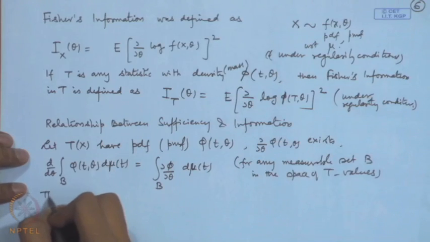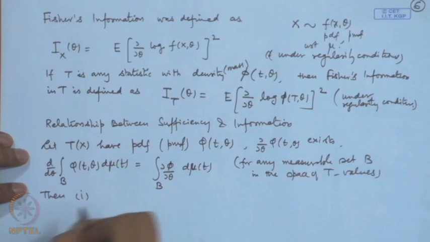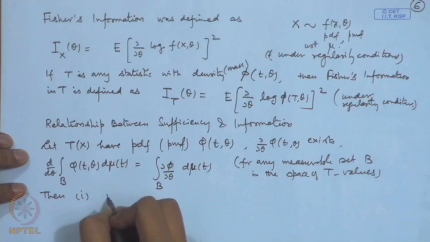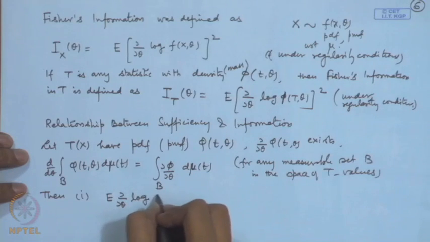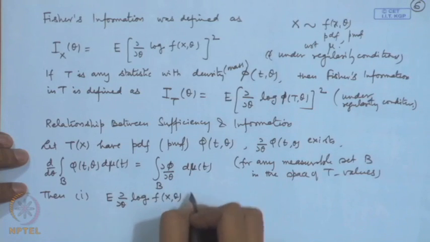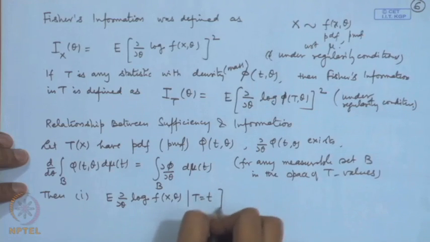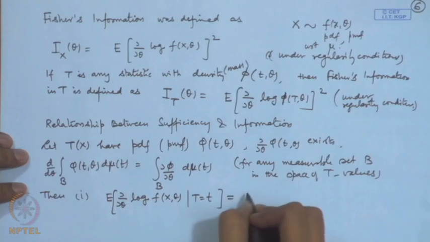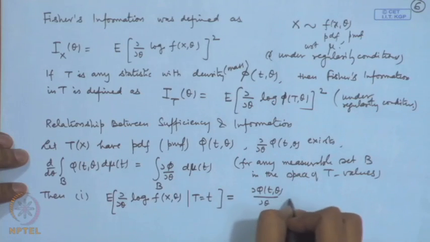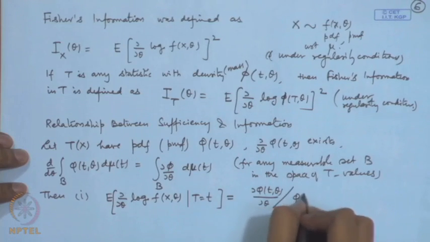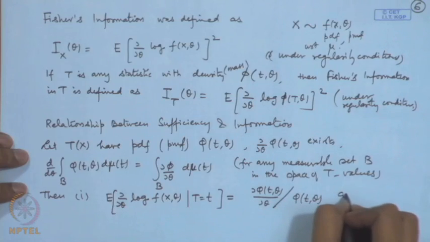Then we have the following results. First, the expectation of del by del theta log of f(x, theta) given T equal to t, this conditional expectation, is equal to del phi by del theta divided by phi(t, theta) almost everywhere.